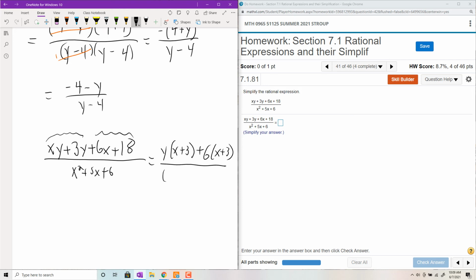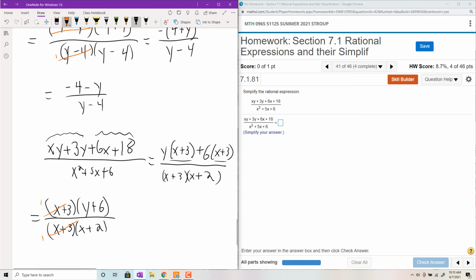And downstairs we have two binomials, x plus 3 and x plus 2. Numerator, we can factor out the common factor of x plus 3. You get x plus 3 times y plus 6. Downstairs I have x plus 3 times x plus 2. And clearly we can remove the factor of x plus 3. And we're just getting y plus 6 over x plus 2.